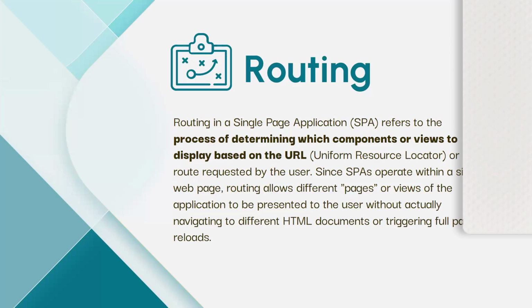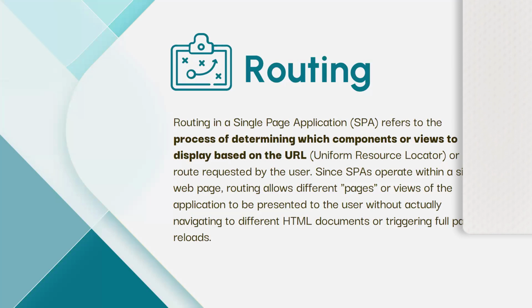So you know what a route is. A route is a sort of, sorry, a pathway, right? So the application tries to determine what is the resource that you're trying to locate, right? Using the URL, or uniform resource locator.